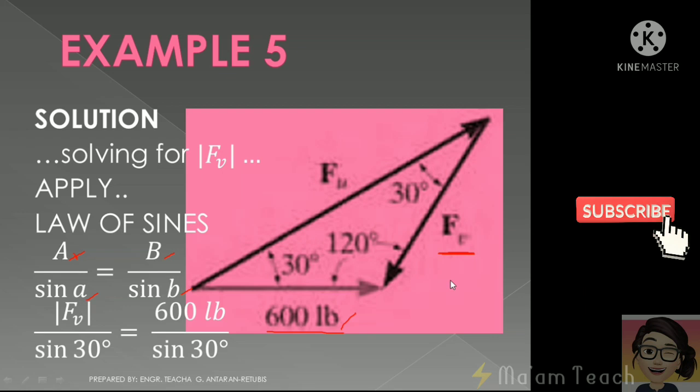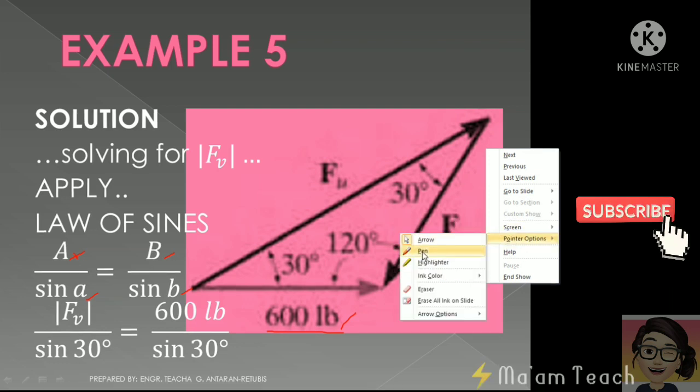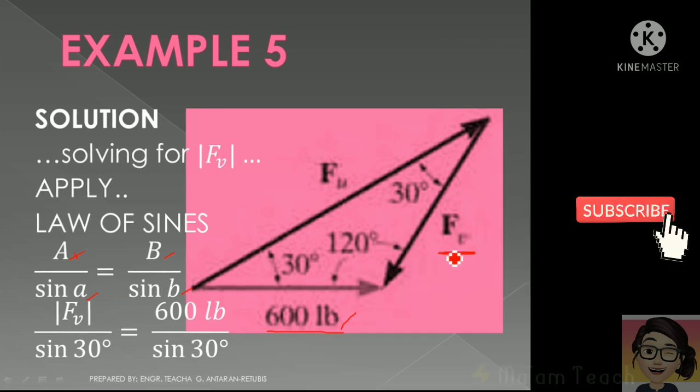Recall, the angle to be used is the opposite of that side. So in this case, class, for f sub v, the opposite angle is 30 degrees. That's why this is sine 30 here. The 600 pound, the opposite angle is also 30 degrees.